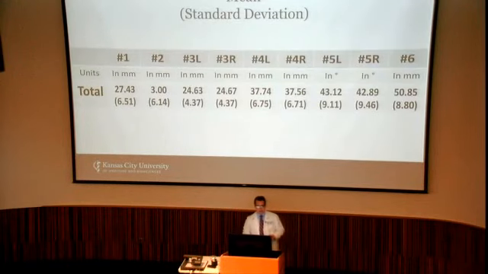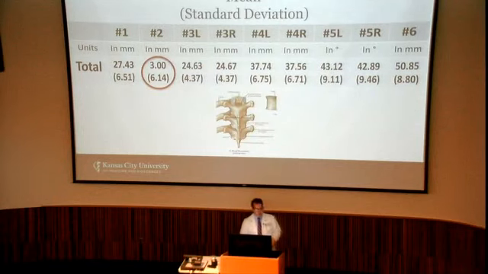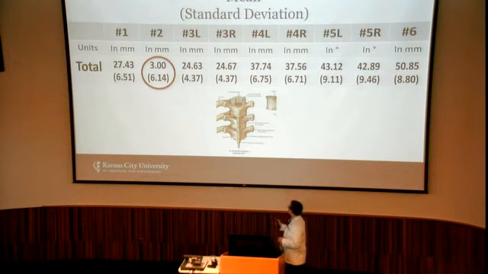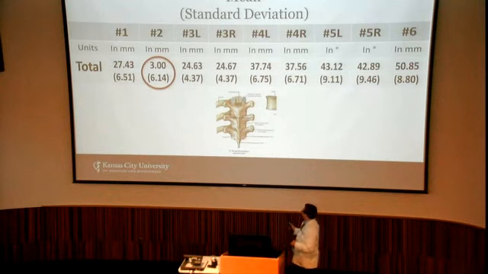This table here is the mean and standard deviation for all our measurements for all 44 human cadavers, T1 through T12. There are a few of these numbers I'd like to point out to you. The first one is measurement number 2, which, if you remember, we used to test Gilholt's rule, and that was the distance from transverse process level to the spinous process of the vertebra above.